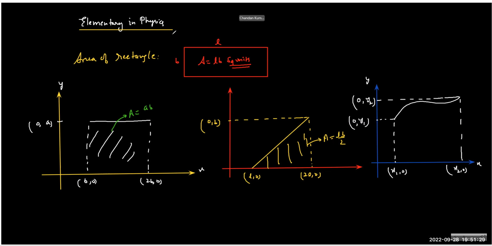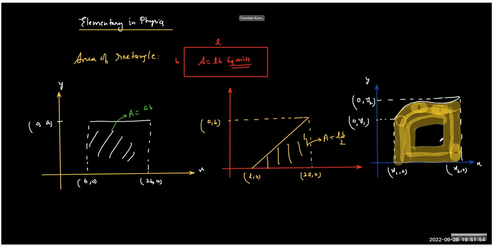Now tell me, what is this area? Do we have enough formula? Any formula left for us? No. So what will we do? What is the logical way of doing this? So what do you know? Which area formula do you know? Rectangle. Only rectangle. And do you see a rectangle here?